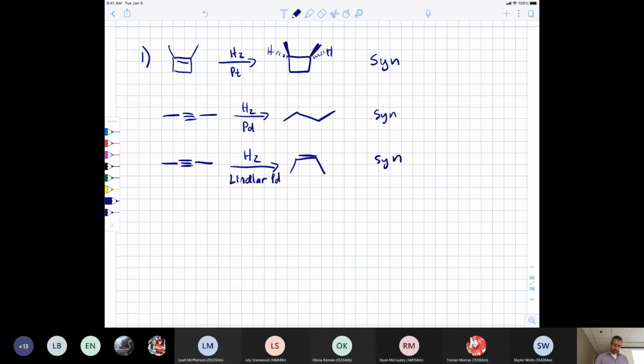If you wanted the trans alkene, we have another variation where we use sodium metal in ammonia typically. This will give the trans product. This reaction is called the dissolving metal reduction.